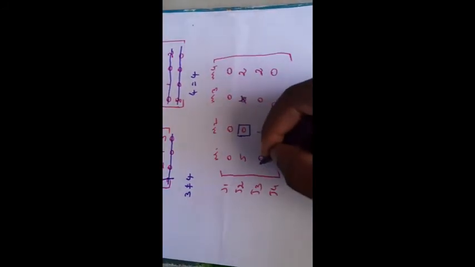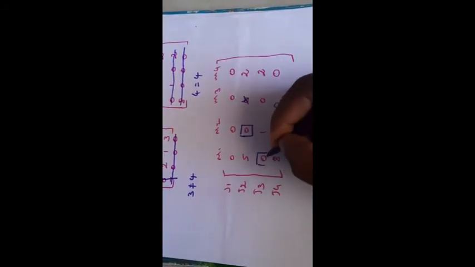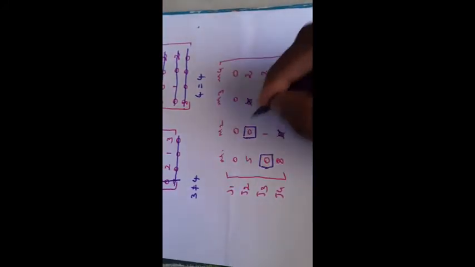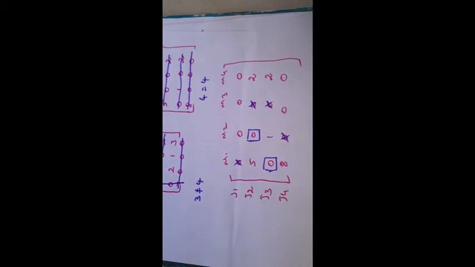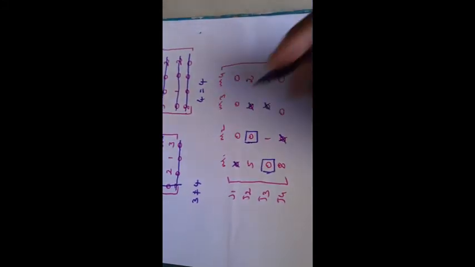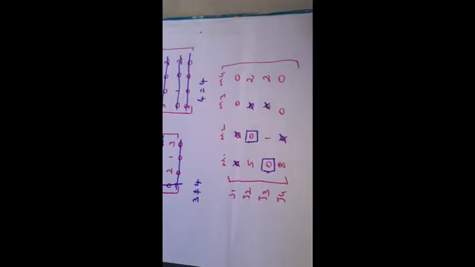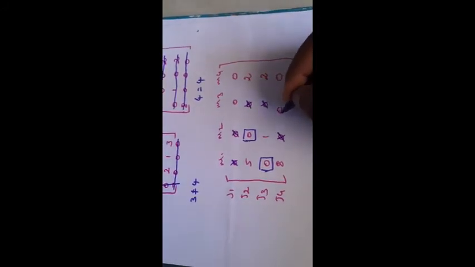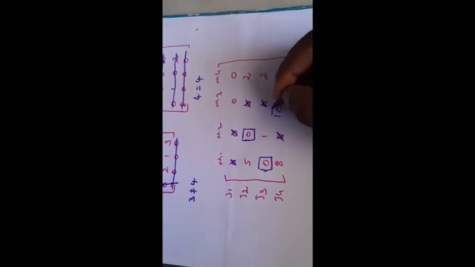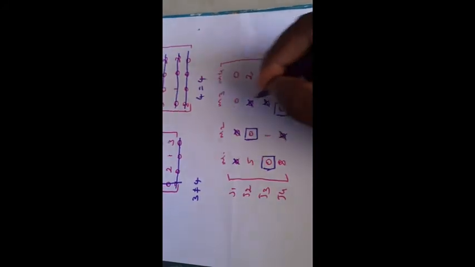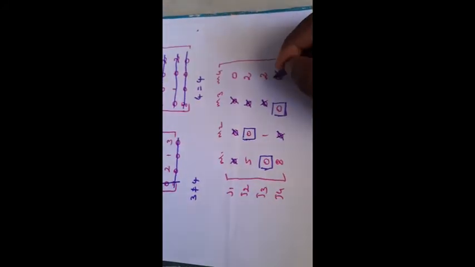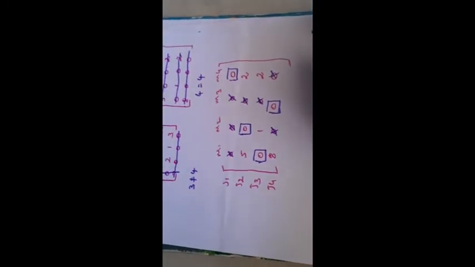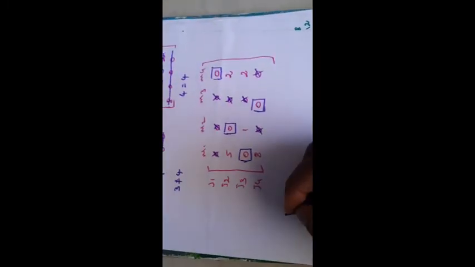So next we need to select the third row, the remaining will be closed. So next we can select this 0, and the other will be closed. We can assign this.